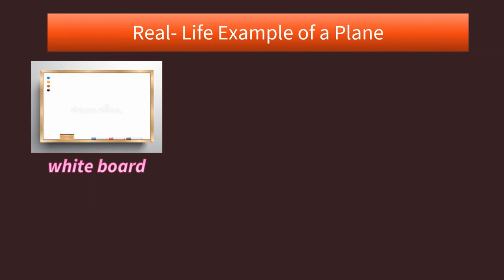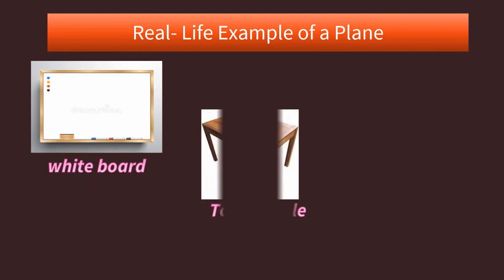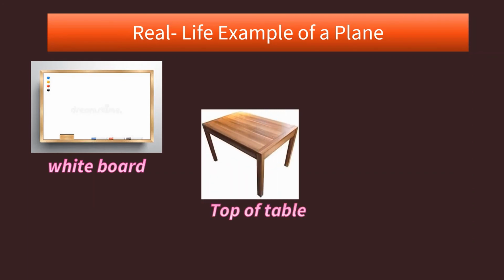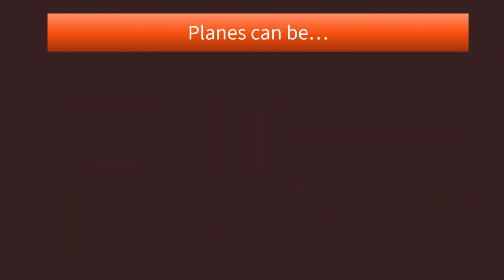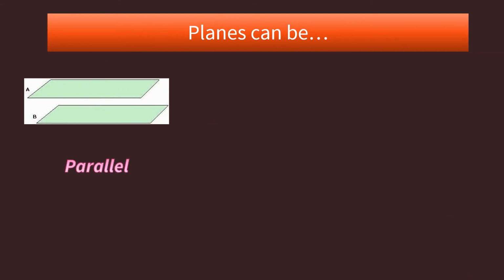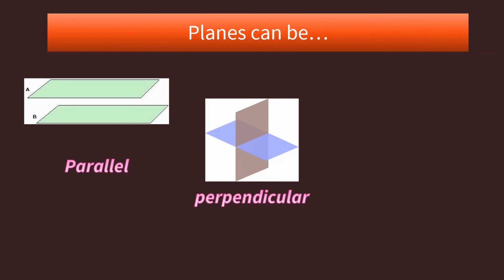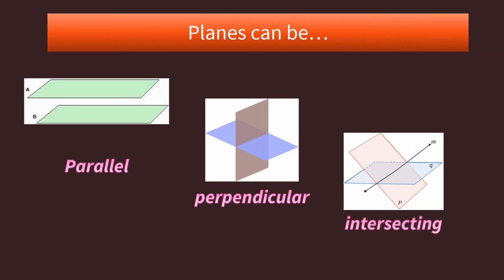So we have the whiteboard, the top of a table, and the floor. Can you give an example of a plane? Good job! Planes can be parallel. They can also be perpendicular or intersecting.